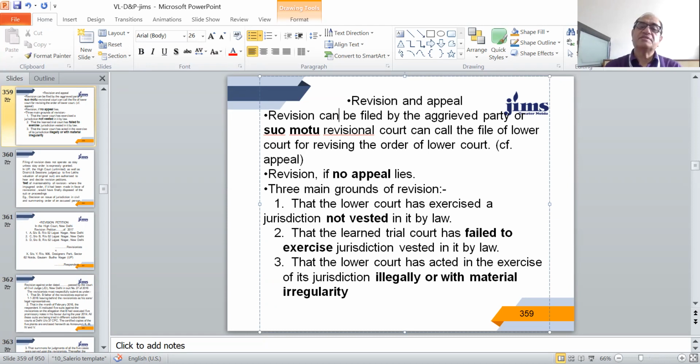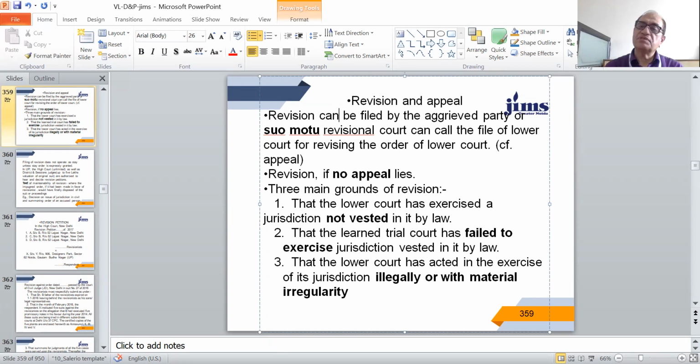The first condition is that revision is applicable if no appeal lies there. If there is a right of appeal, then the party has to go in appeal. But if there is no appeal, the stage of appeal has not come, then the party has a right to file a revision petition. There are mainly three grounds of revision.